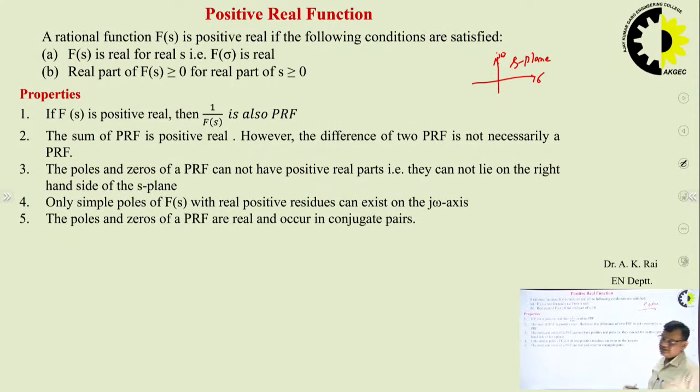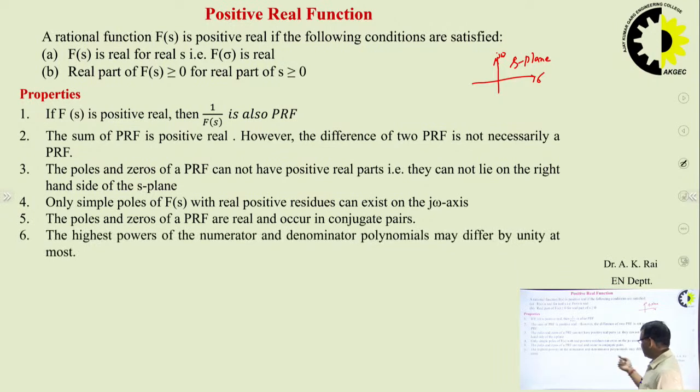The poles and zeros of a PRF are real and occur in conjugate pairs. The highest power of the numerator and denominator polynomials may differ by unity at most. So the highest order of the numerator and denominator must differ by 1, or they may be equal.